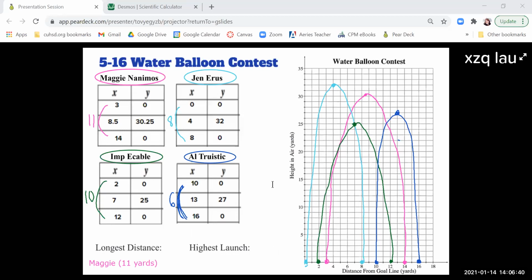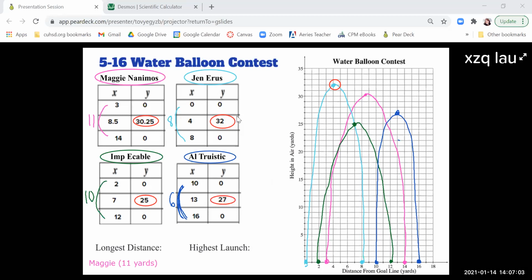For our highest launch, though, we're looking for something different. So this time we're looking to compare the height. How high up did they get? And it looks like this blue one made it up higher than any others. And if we double check the y coordinate of the vertex, you can see 32 is bigger than all the other y coordinates.